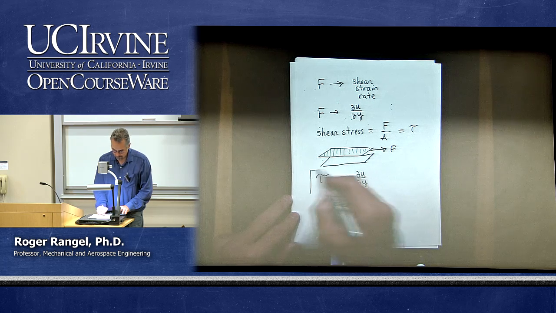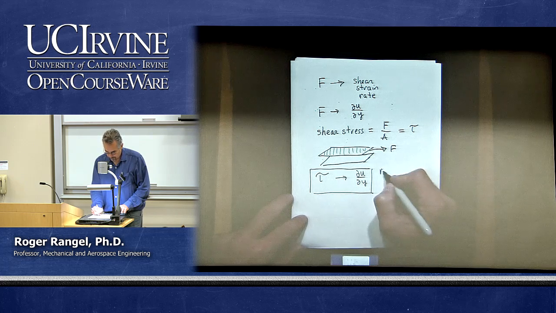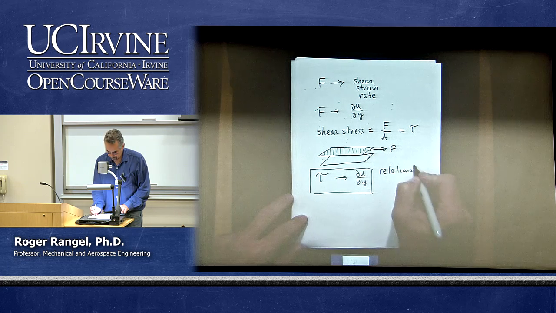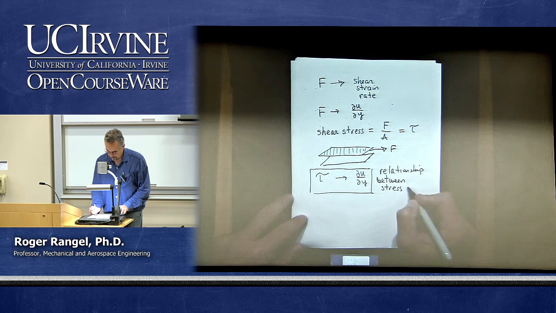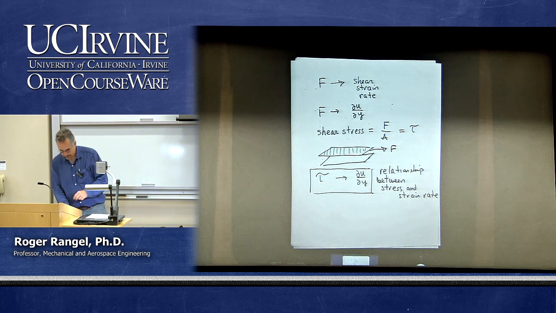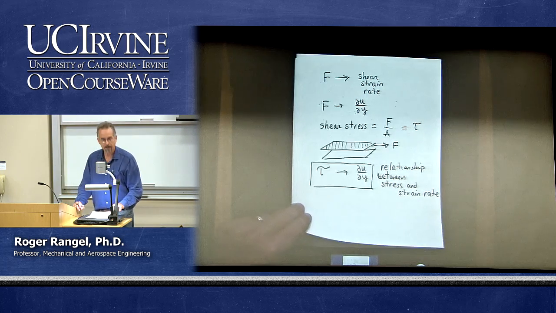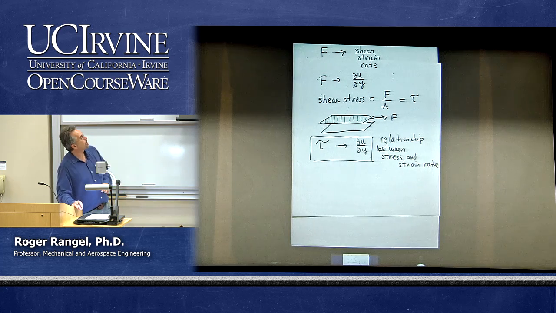That's a crucial question in fluid mechanics: that relationship between stress and strain rate. And it so happens that there is a particular type of fluid for which this relationship is linear.